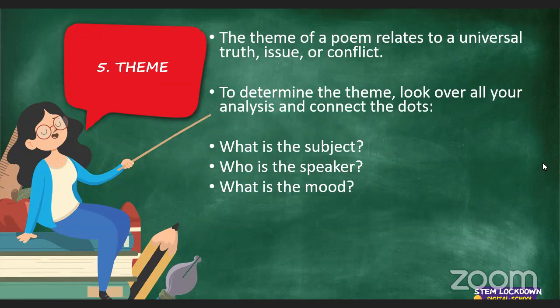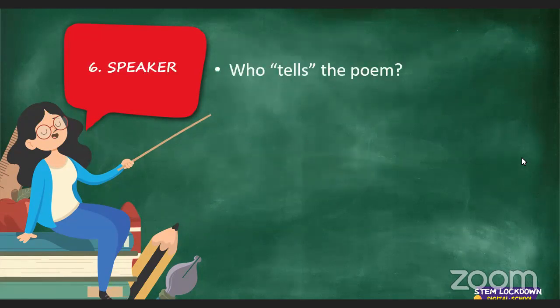And then we finally spoke about the speaker. So when you are being asked, like in your exams or a test, or even an exercise, who tells the poem, okay? You are being asked about the speaker. The speaker, normally it's just the person who wrote the poem, but it differs with some poems, okay?